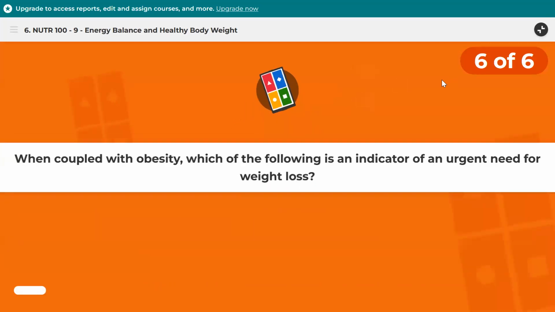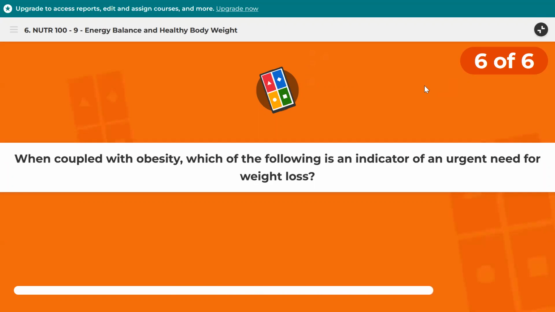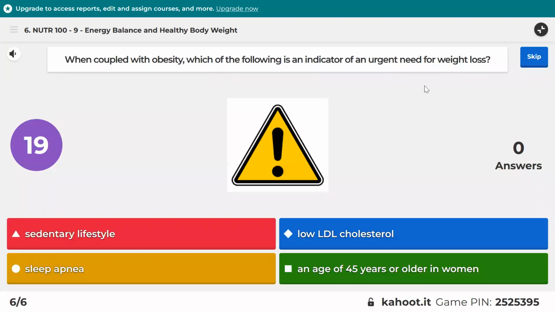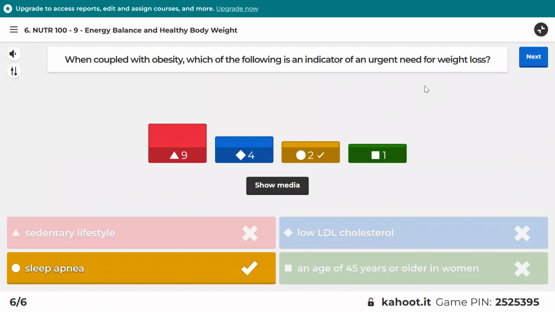Question 6. When coupled with obesity, which of the following is an indicator of an urgent need for weight loss? Apnea.